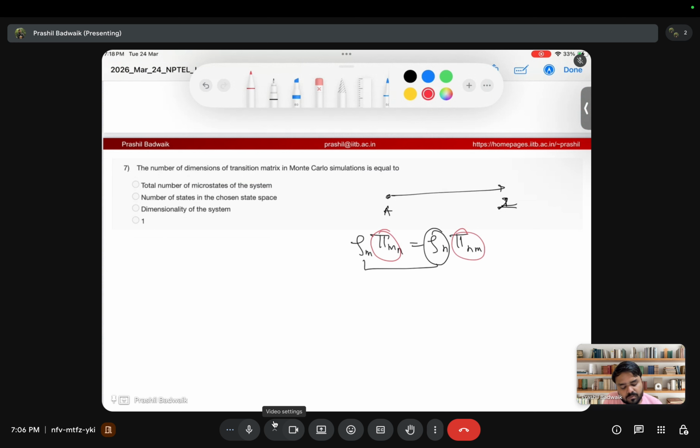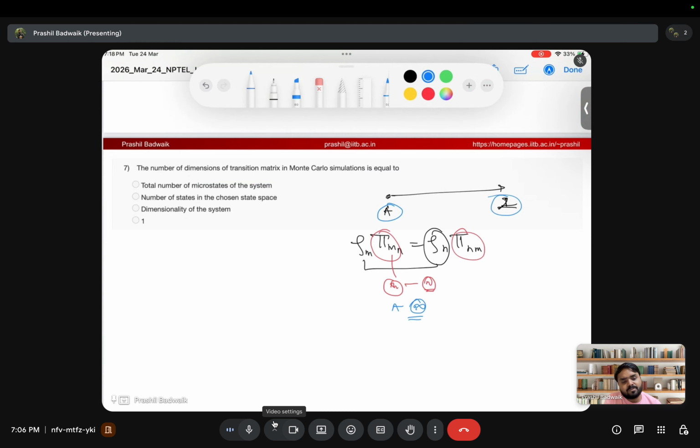Here we can go from a particular state M to any state N. So how many possibilities are there? There are infinite possibilities, right? So that means we are going from a particular microstate A to any of an infinite number of microstates.